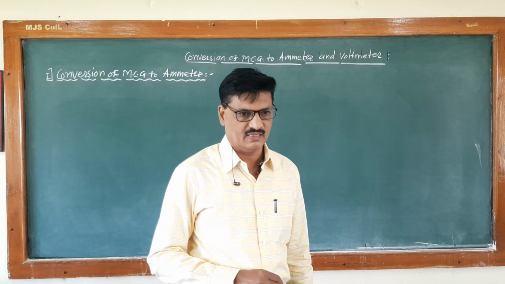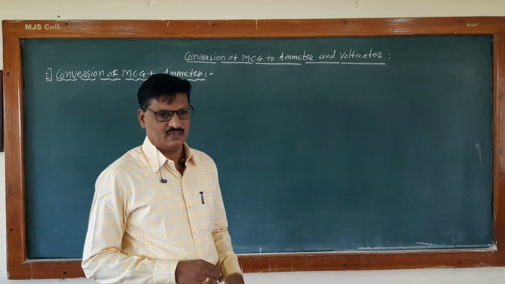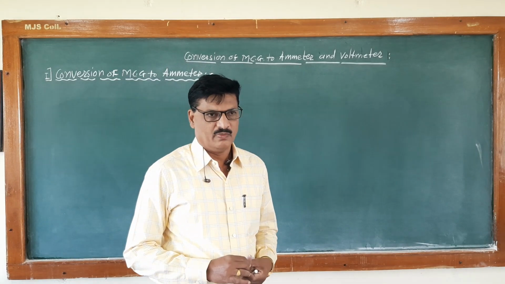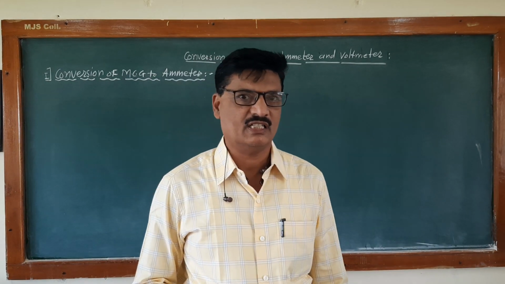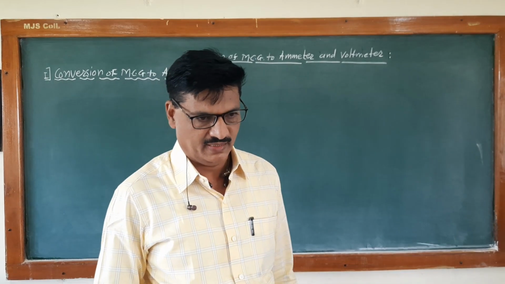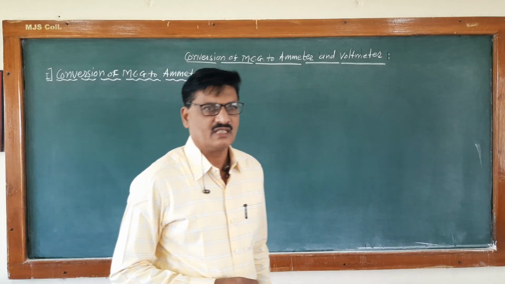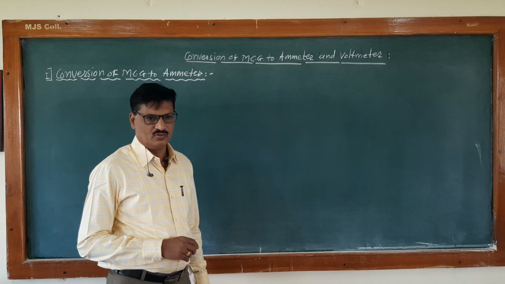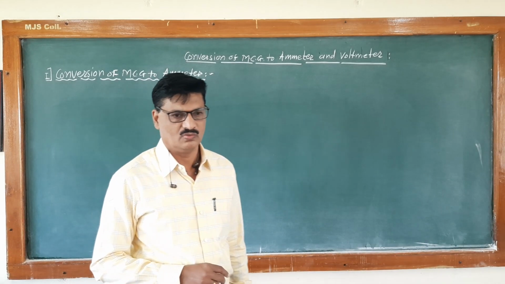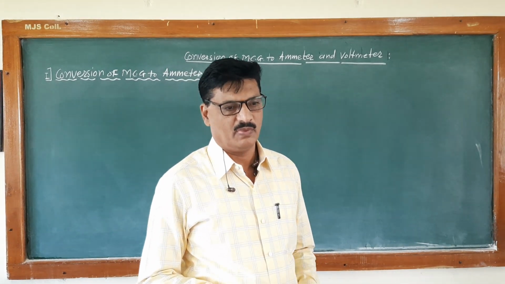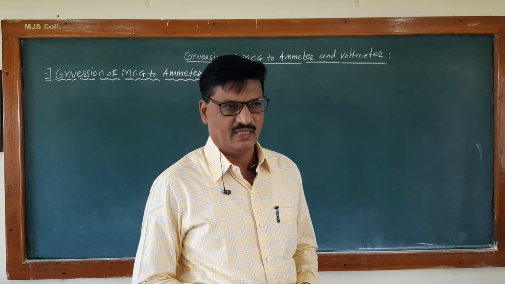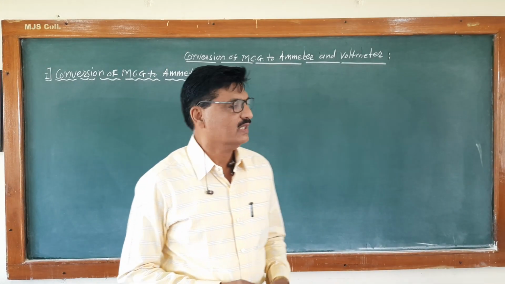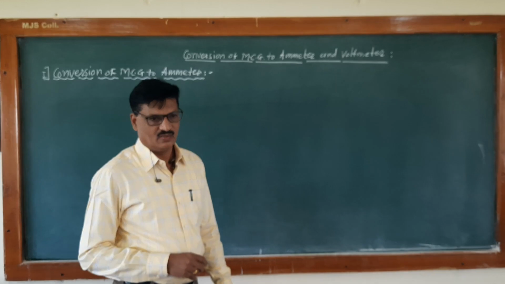When this shunt resistance is not connected in parallel, a large current can flow through the coil of the galvanometer and the coil can easily get damaged, and therefore it is necessary to connect a low resistance in parallel to the galvanometer.